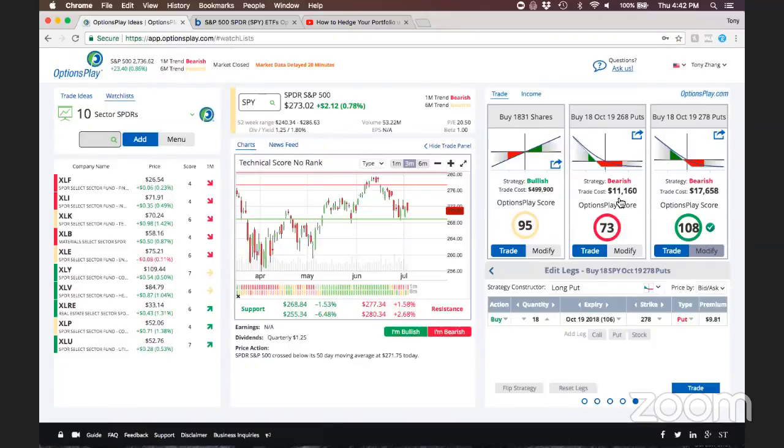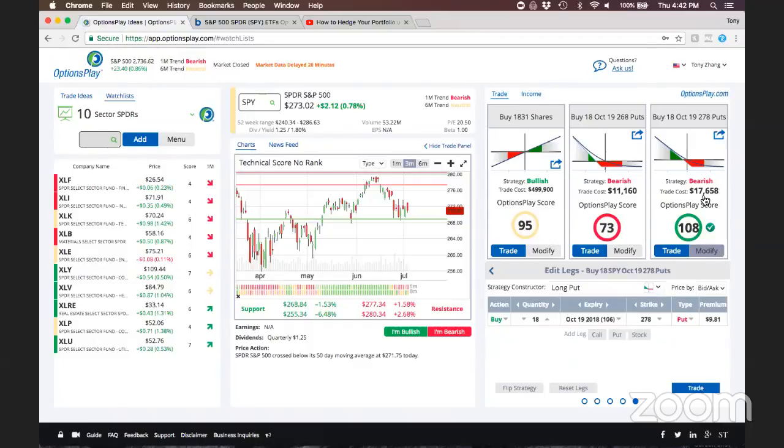As you can see, one costs a little bit more than the other. One costs $11,000, which is roughly 2% of your portfolio. So you can think of this as buying insurance that costs you 2% of your portfolio. And then you have this other one that's about $17,000, which is around 3.5% of your portfolio. So one costs about 2%, one costs about 3.5%.